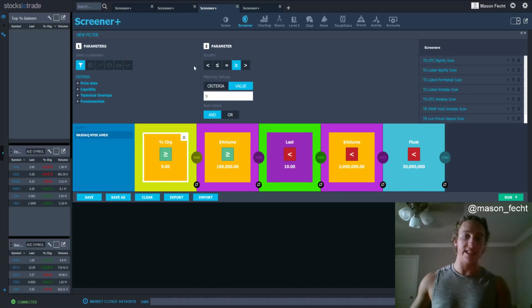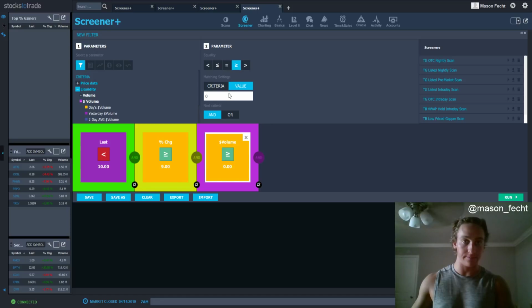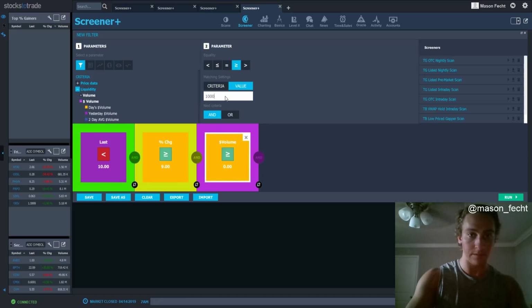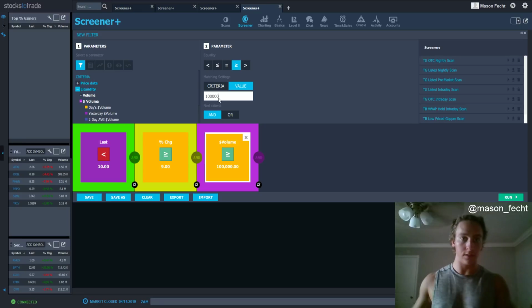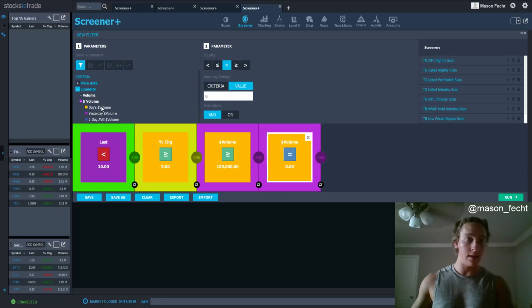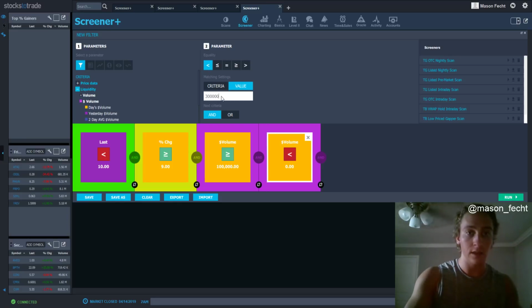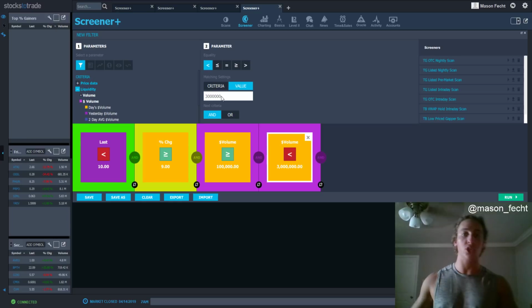So there's two criteria to this. First I have greater than or equal to 100,000, and then I have less than or equal to 3 million, because as I've said, with this scan I'm trying to catch momentum before it happens.